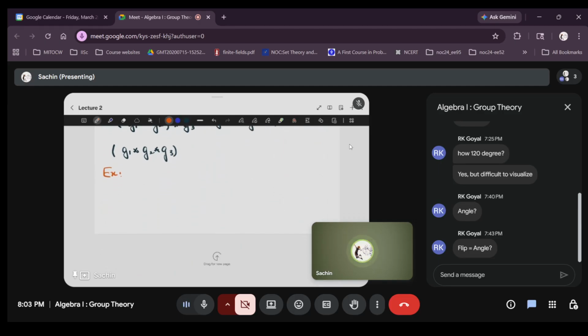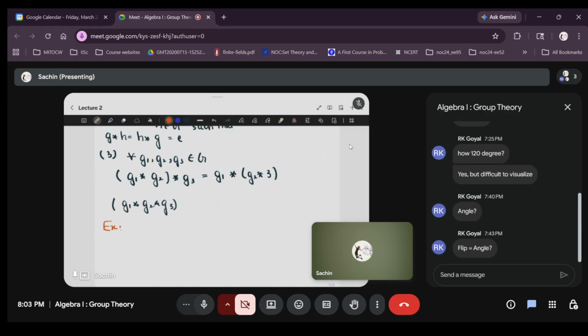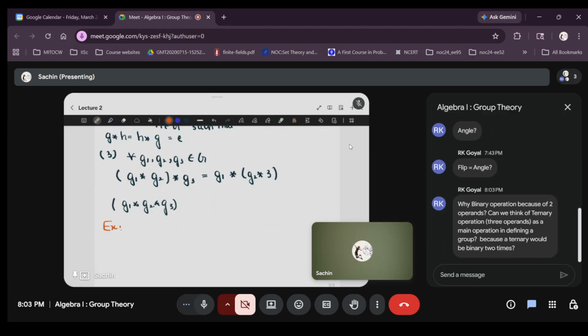Now, as we saw, one of the examples that we had seen was the set of integers.